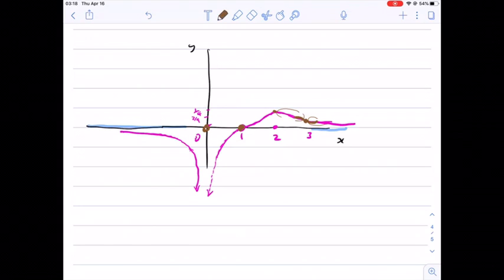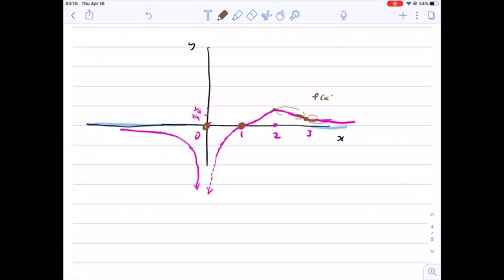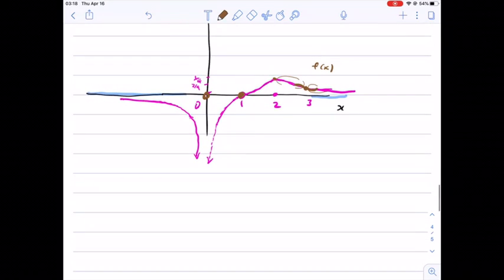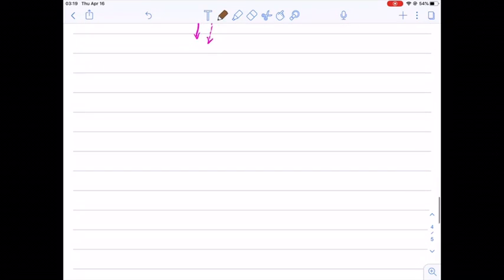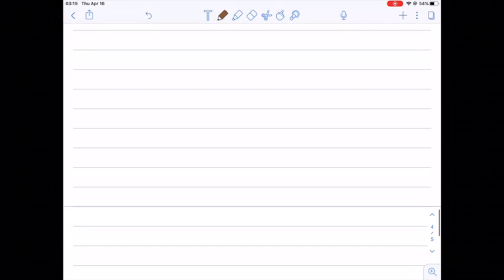So I should draw it as an open circle. So this is the graph of the function f of x. So we used what we learned and the properties, the features of a function that we know, to graph a function.